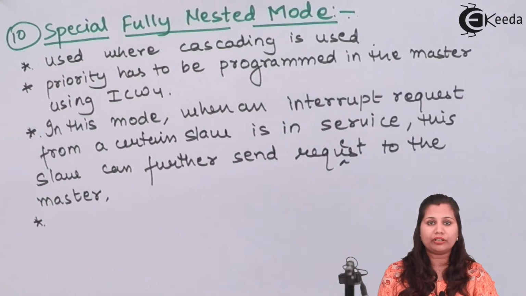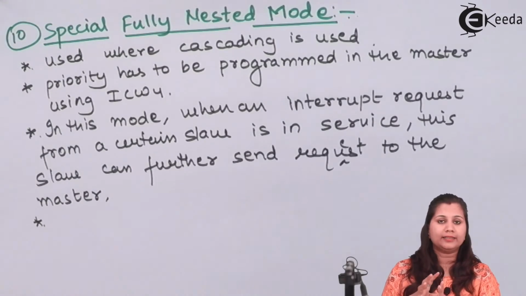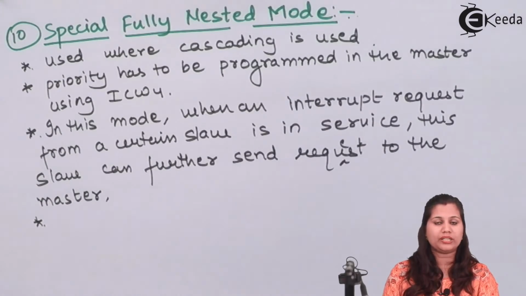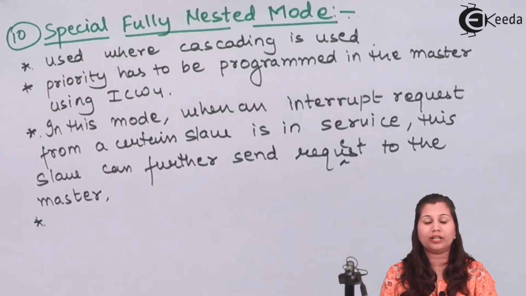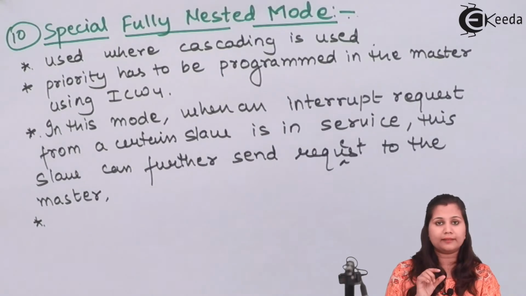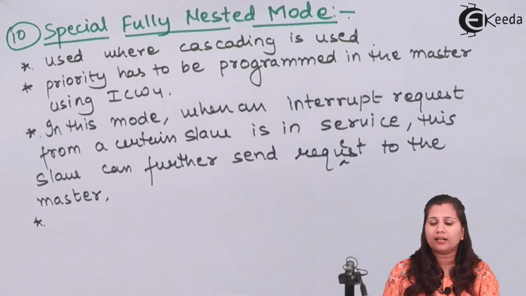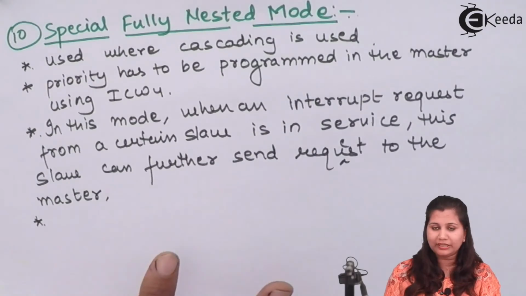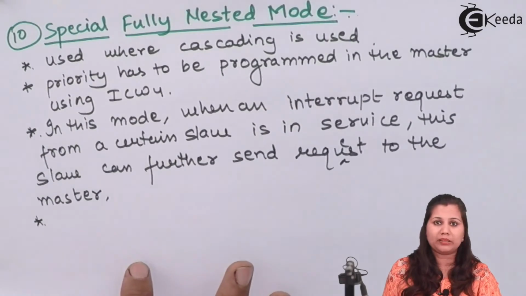the end of interrupt command will be issued, saying that the ISR, interrupt service routine, has been completely executed. When this EOI command is received by the master IC, the master 8259 gets to know that the interrupt cycle has ended.